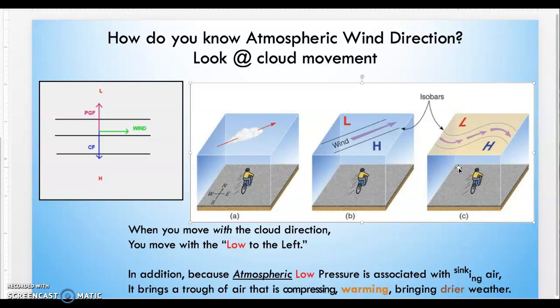Think about our work with Denver and with Maui in the lab. When we thought about the sinking air on the Denver side and the sinking air on the leeward side, we thought about compressed, warming, and drier air. Think about this a bit, stop the video and take a look at it, and I hope to see you soon.